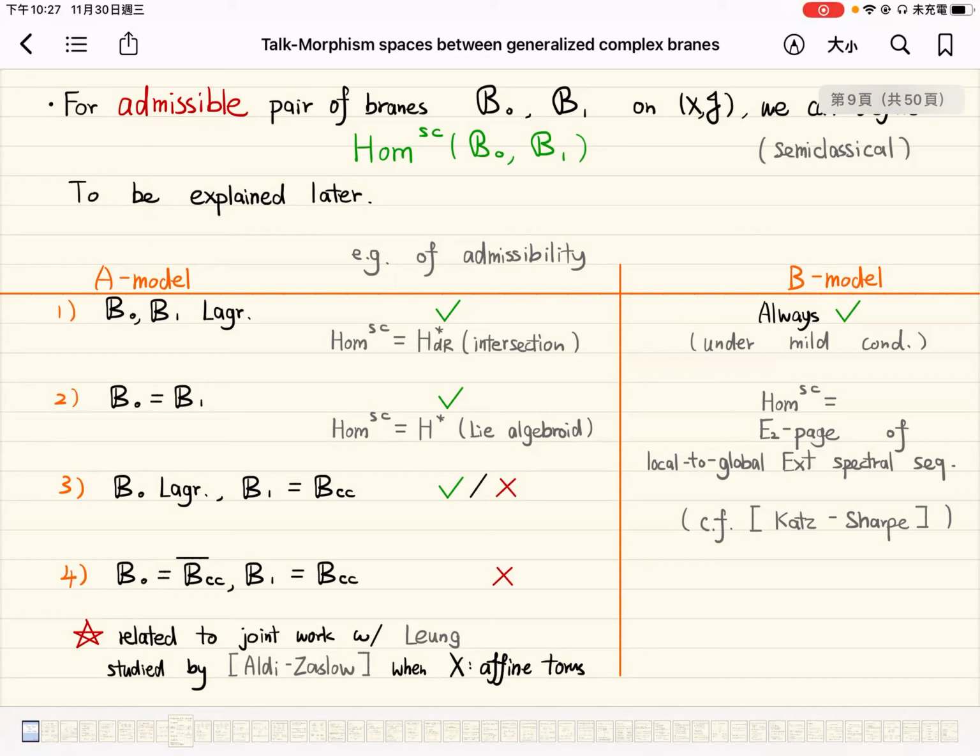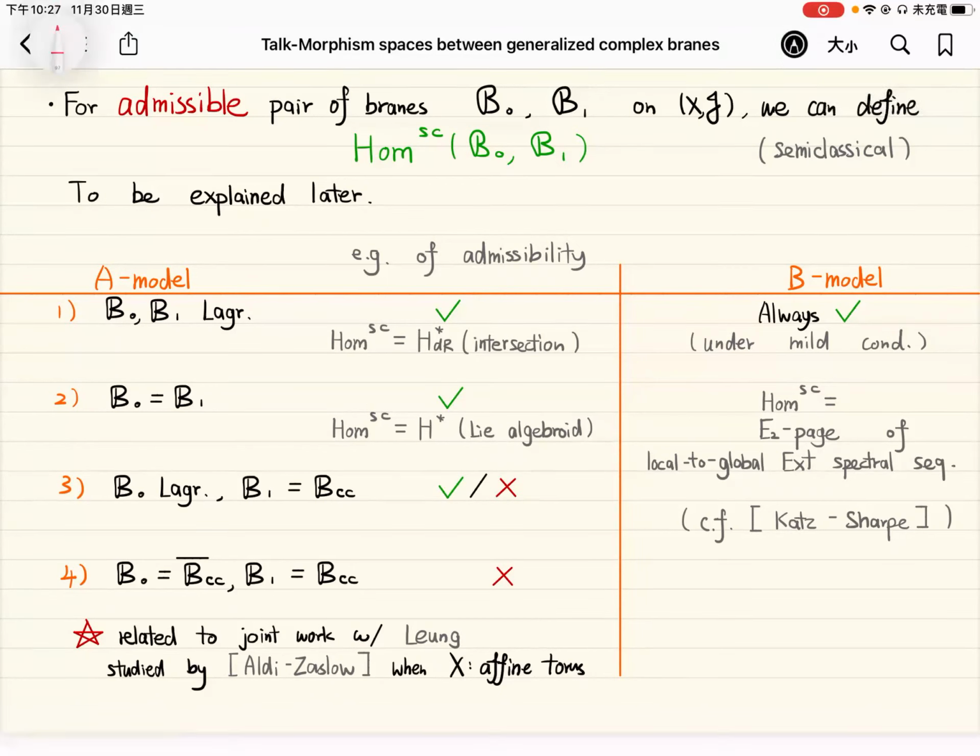I will just try to give some examples to impress all of you what's meant by an admissible pair of branes. So let us focus on the right-hand side first, the B model, this part. So for the B model, basically, if we choose a pair of B branes, they are always an admissible pair of branes under certain mild conditions.